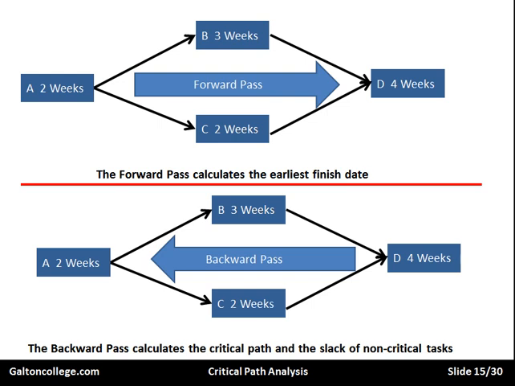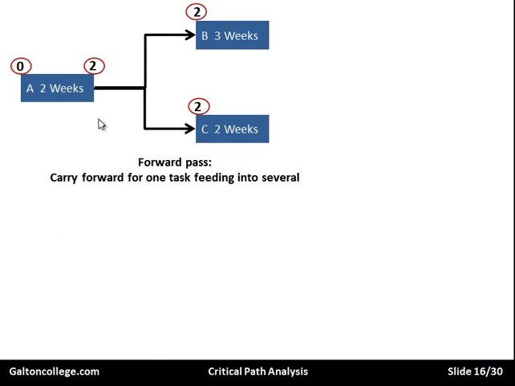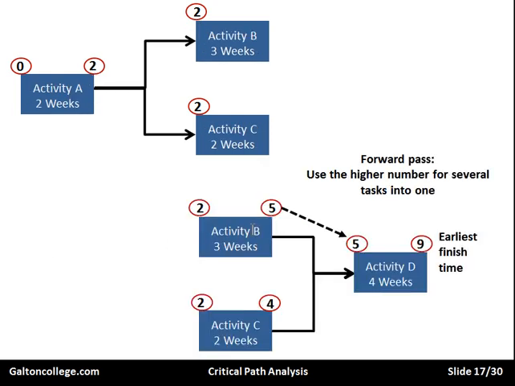Now, let's have a think about this again. Here we have 1 task feeding into 2, so we carry forward the 2. Down here we have 2 tasks feeding into 1. In this case we always carry forward the largest number.